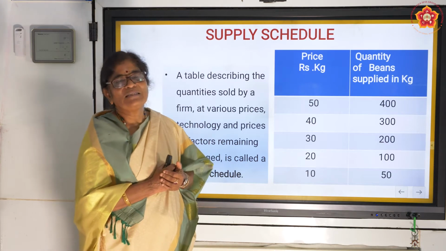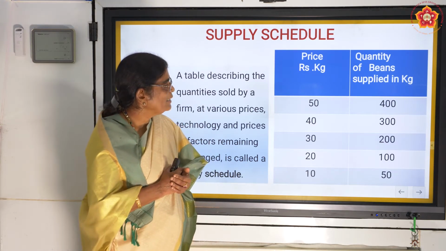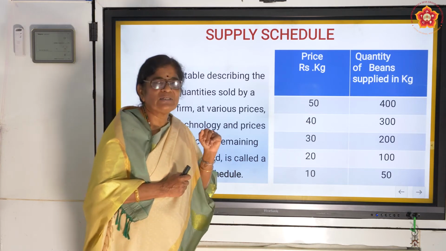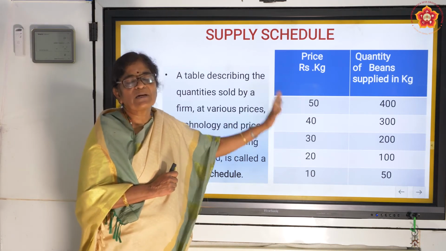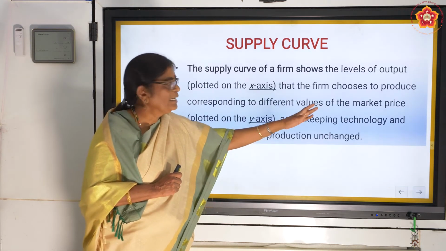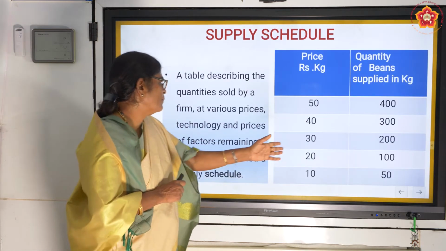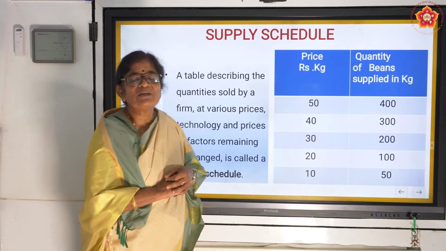We all knew that. This is a positive relationship between price and the quantity of the commodity supplied. Therefore, a supply schedule explains the relationship between the price of a particular commodity and the quantity supplied at that price. And also under two assumptions. What are the assumptions?